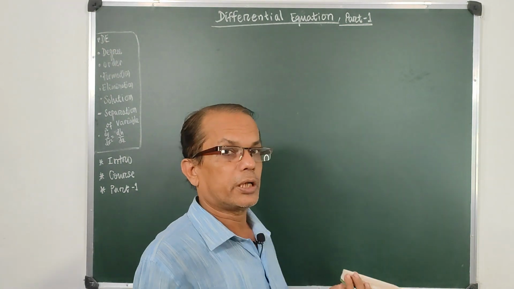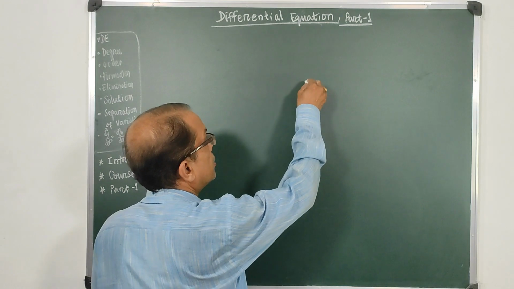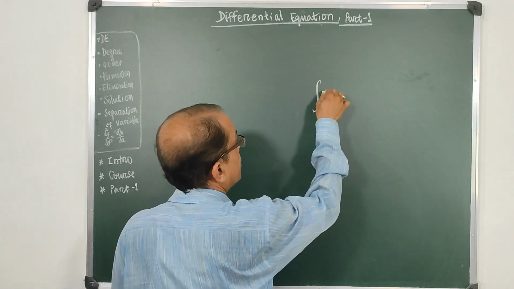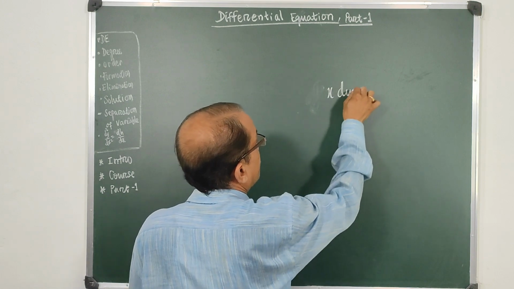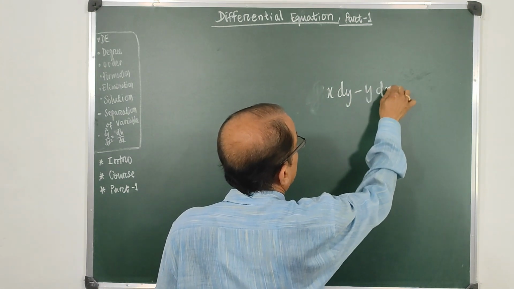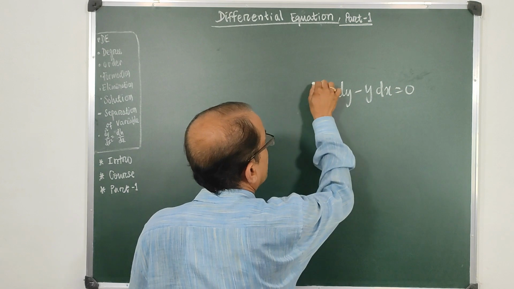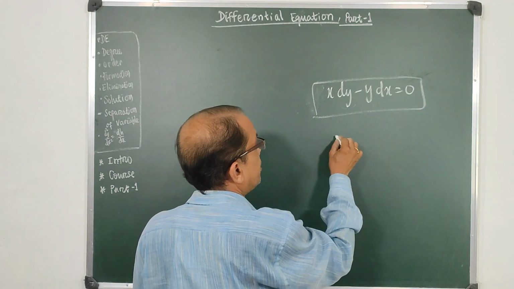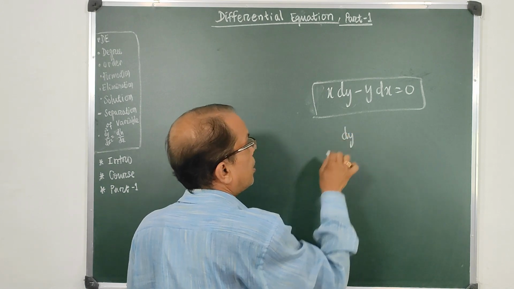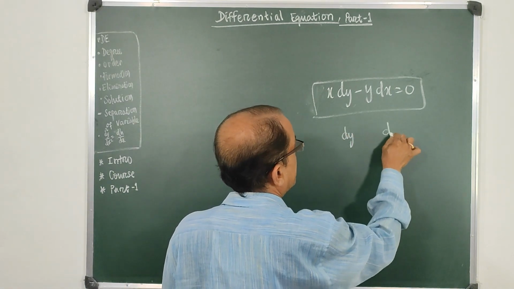What is a differential? A differential is something that appears like this: x dy minus y dx is equal to 0. This is called a differential equation. Why? Because there are two differentials, differential in y, dy, and differential in x, dx.